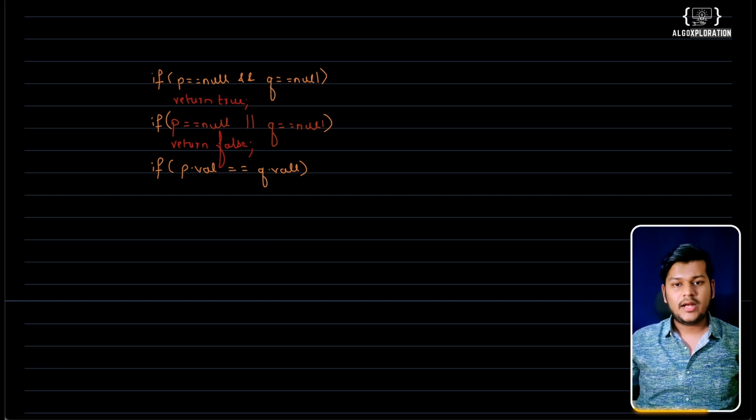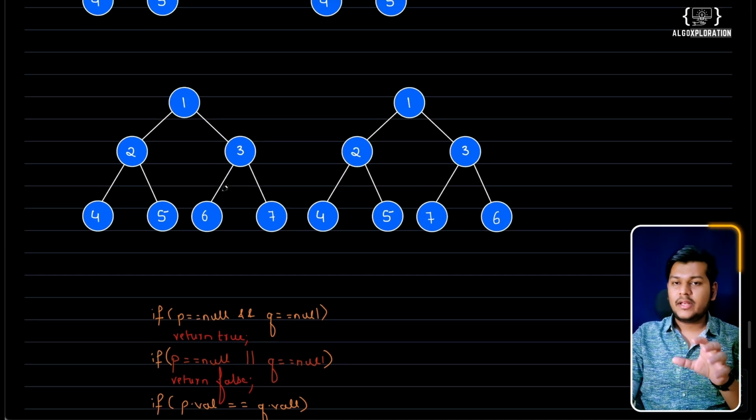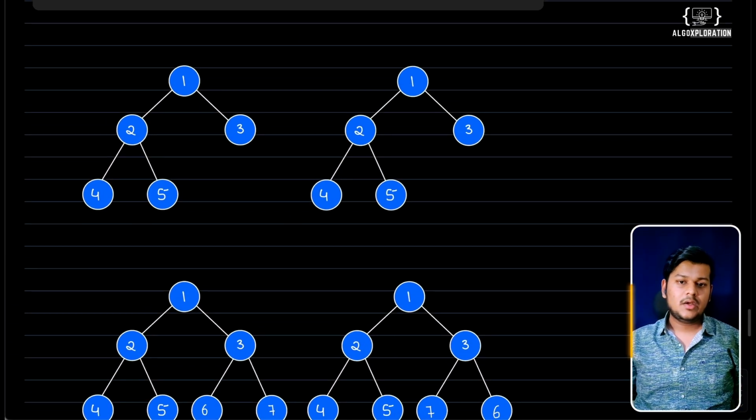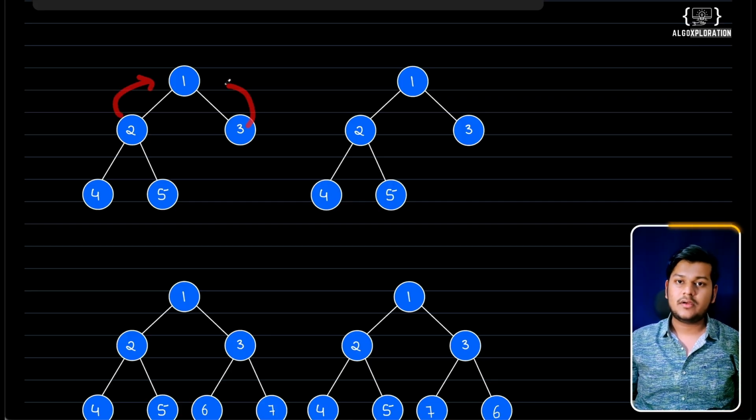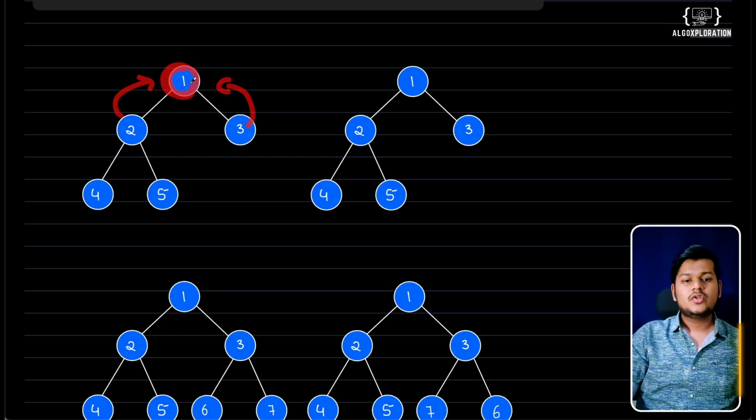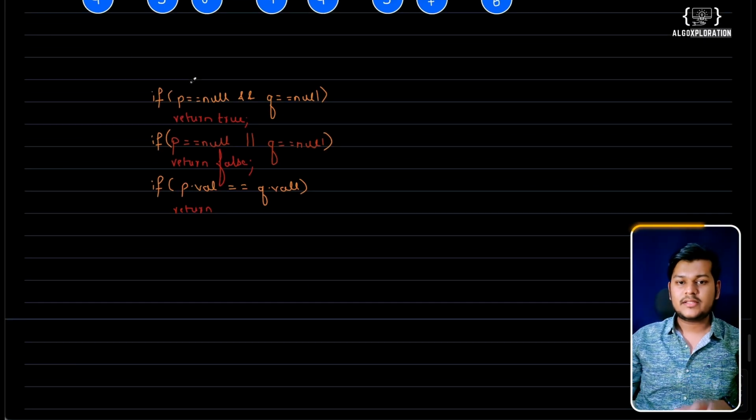So what I'll do over here, I'll just have a return statement. Now see, if I'm going on the left hand side, I will be expecting true from here as well as from here, right? Then only I can say that this tree is identical. So I will be calling the same function.